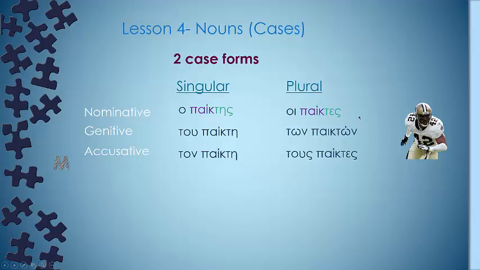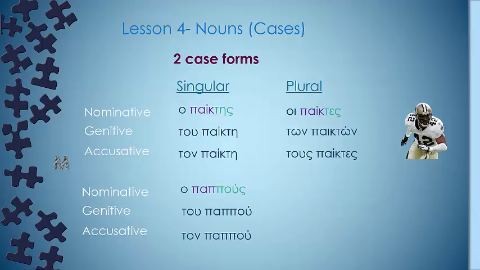Now, we tend to subcategorize our nouns depending on the number of syllables in singular and plural. So if there is the same number of syllables in singular and plural, we have a category. But if there's not, there is another category, such as ο παππούς, which is the grandpa, του παππού, τον παππού, and οι παππούδες, των παππούδων, τους παππούδες.